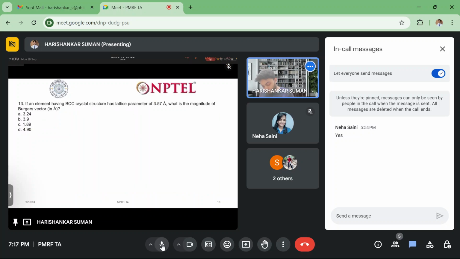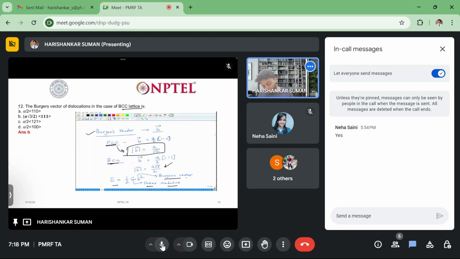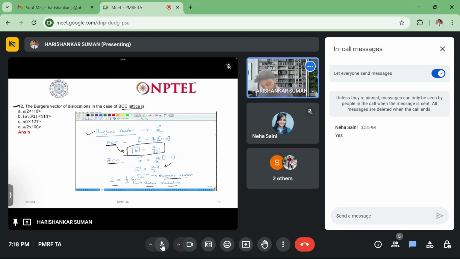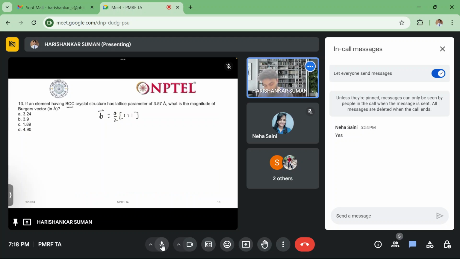Next question. If the element having BCC crystal structure has lattice parameter 3.57 angstrom, what is the magnitude of the Burgers vector? BCC, along the 111 direction. So please find out the magnitude of this vector.